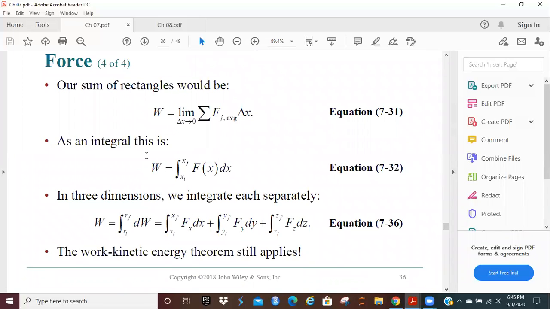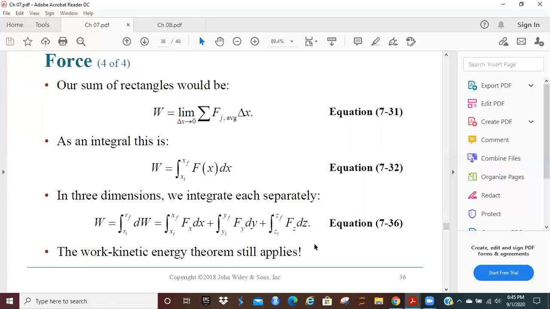So as you had seen before, work is going to be equal to the integral from x sub i to x sub f of f of x times dx. And if you have it going in several different dimensions or perhaps radially, this is how it is going to appear. Have you had Calc 2 or Calc 3 yet? I'm taking Calc 2 right now. Calc 2. So my guess is you're probably working with integration by parts and then eventually going on to sequences and series, right?